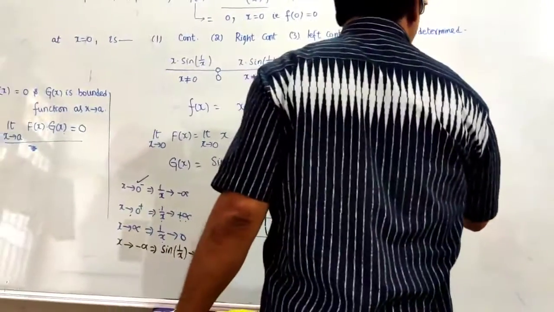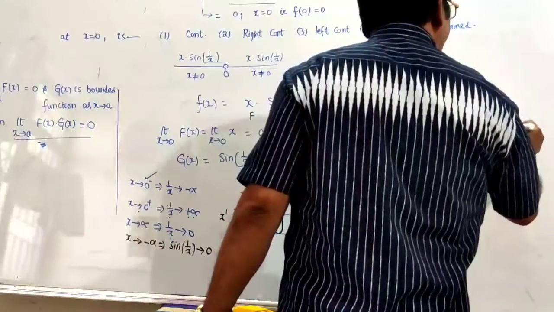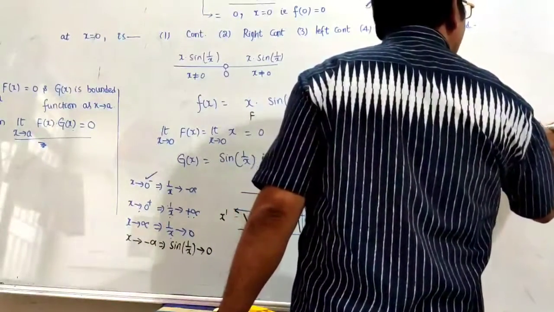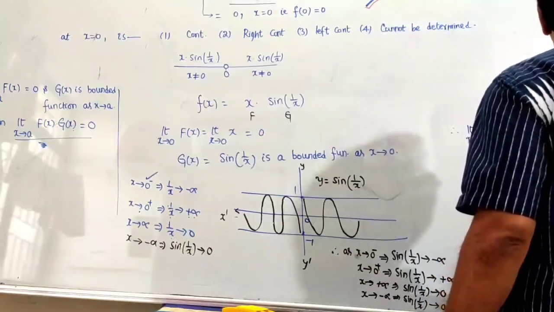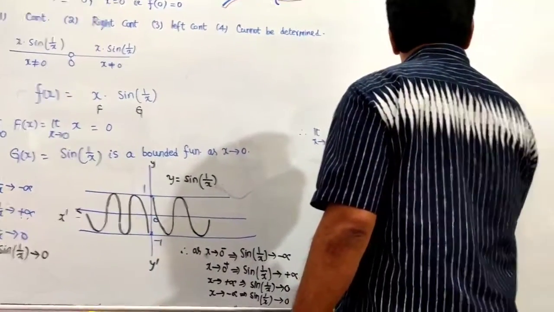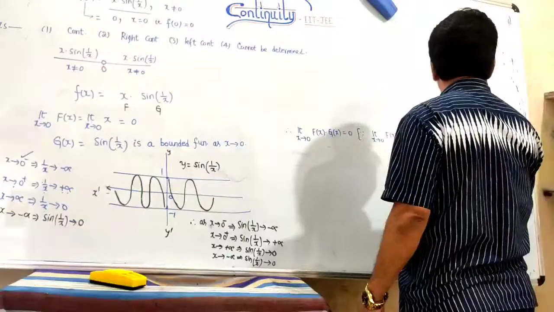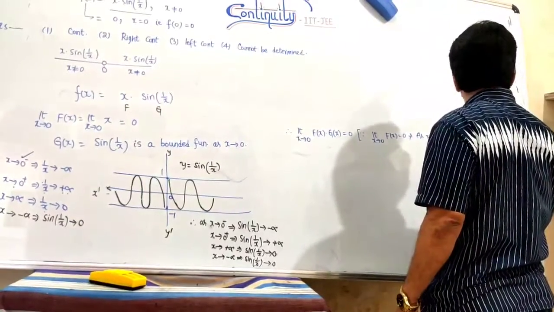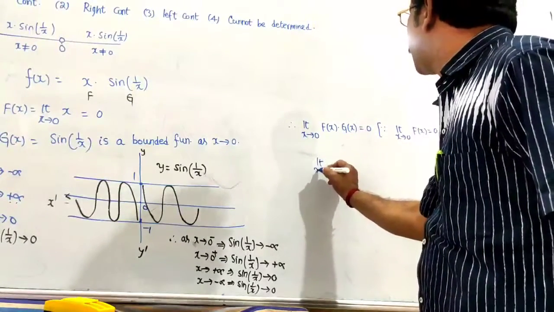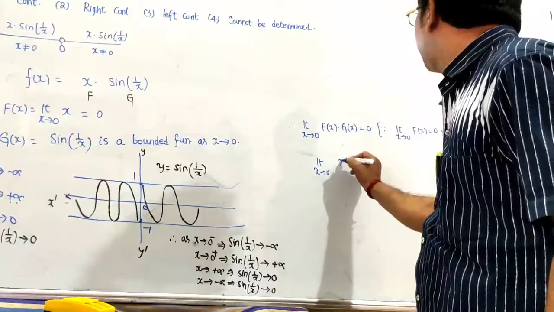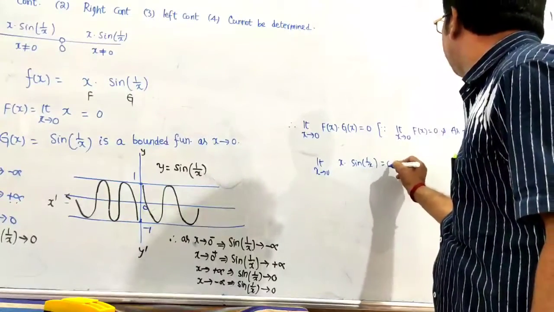So limit x tends to 0 of F of x into G of x is equal to 0, since limit x tends to 0 of F of x is equal to 0, and as x tends to 0, G of x is a bounded function. So therefore limit x tends to 0 of x, sine of 1 by x is equal to 0.